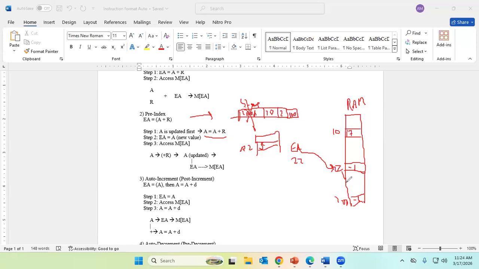Please raise a finger, say something. This is a numerical example. It's straightforward. Memory address A plus R, the content of R will give me an effective address. I go to this effective address. I get a number. What do I want to do with that number?